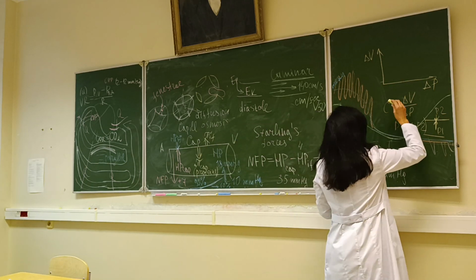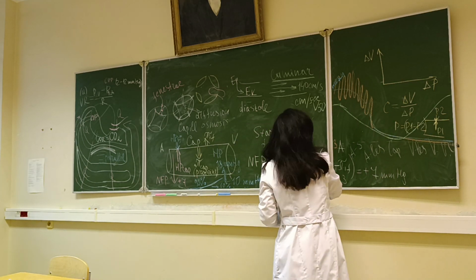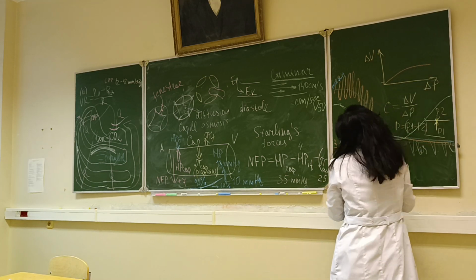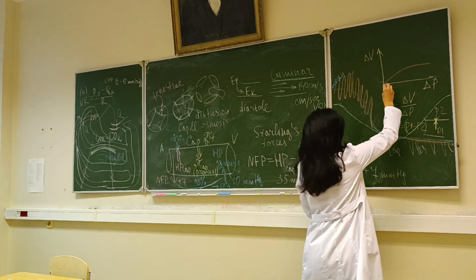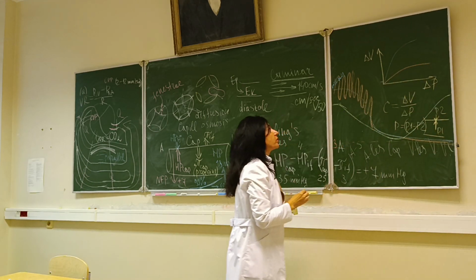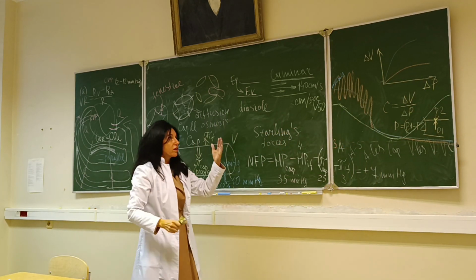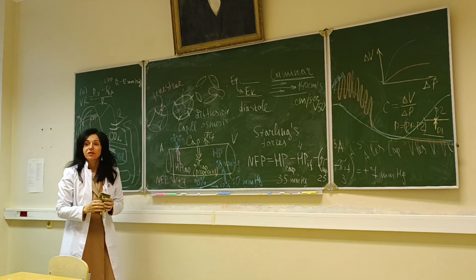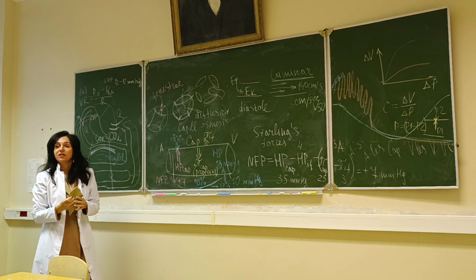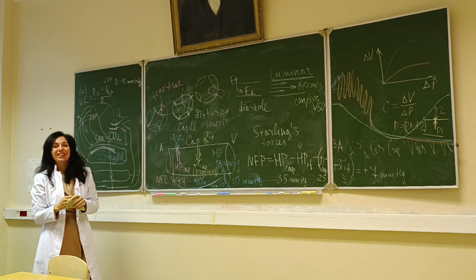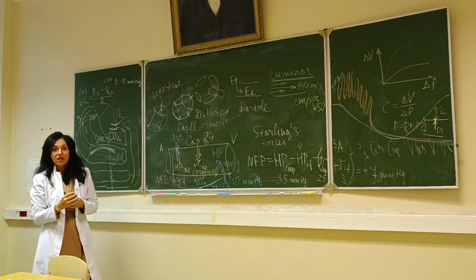And the compliance graph: arteries in comparison with veins. Why is the compliance graph higher in veins? Because the volume of blood is more than in arteries, because veins don't contain a lot of smooth muscle.